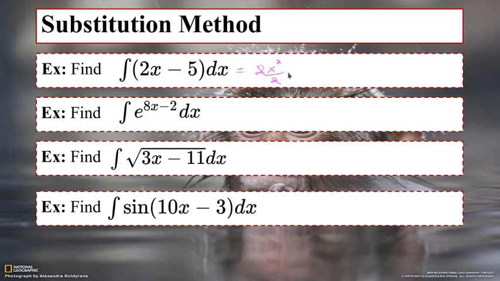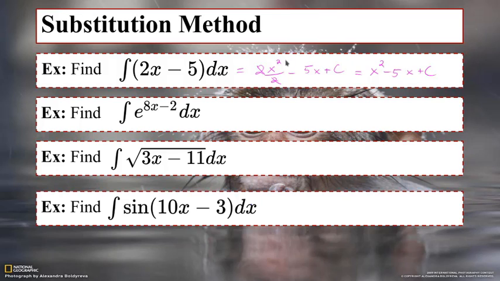So those 2's cancel, and then we have minus 5x. And of course you want that plus c because we don't know what constant was there before we took the derivative. So this is just x squared minus 5x plus some constant.